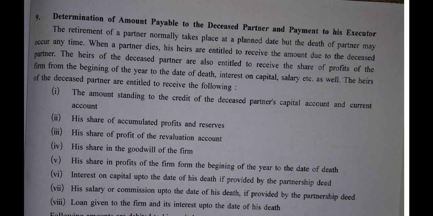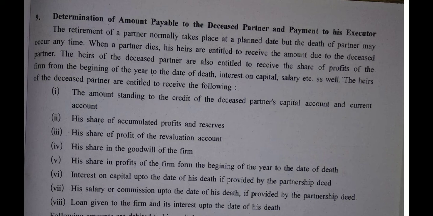Of course, our topic is determination of amount payable to the deceased partner and payment to his executor. So we are understanding what is the amount payable to the partner who meets death and to whom it is payable.